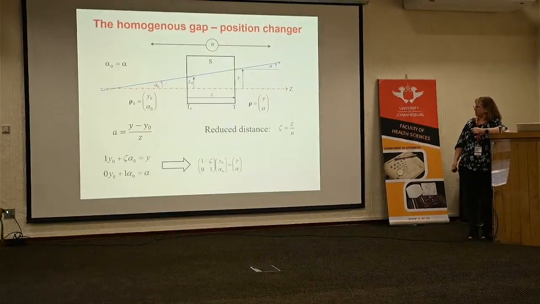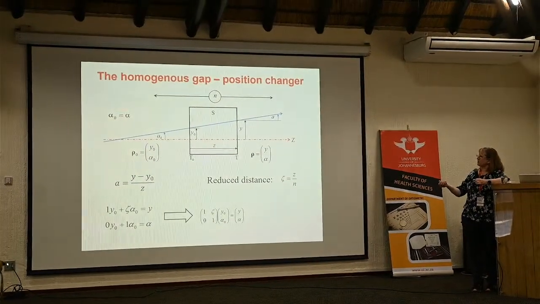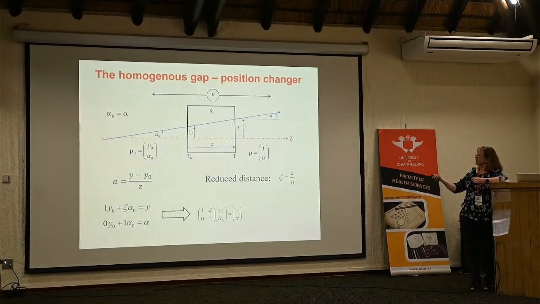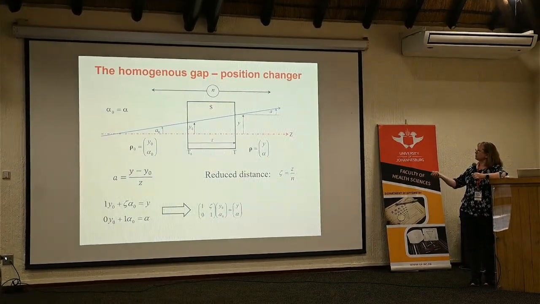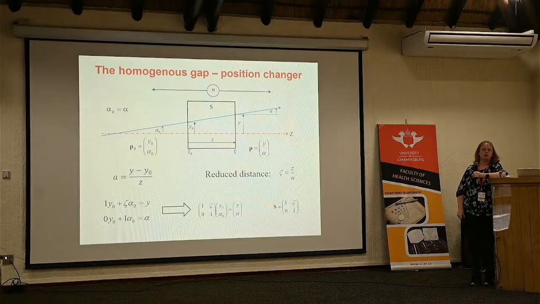The inclination, of course, doesn't change but the position will change. So a homogeneous gap is just a position changer. And if we line up, so we've got alpha naught equals alpha, and from this relationship, this is what the transference of a homogeneous gap looks like.